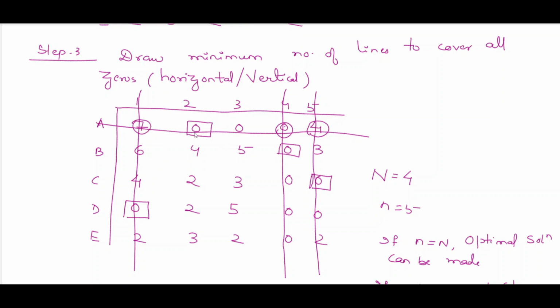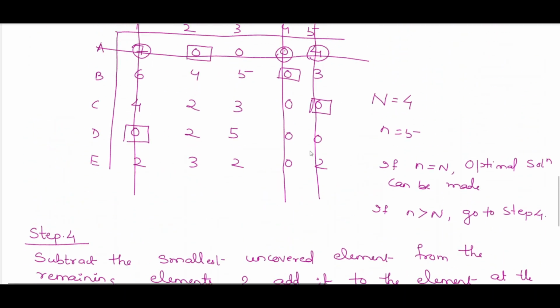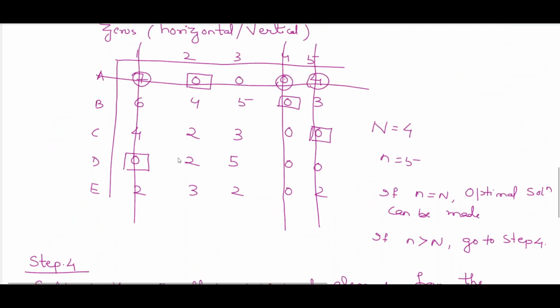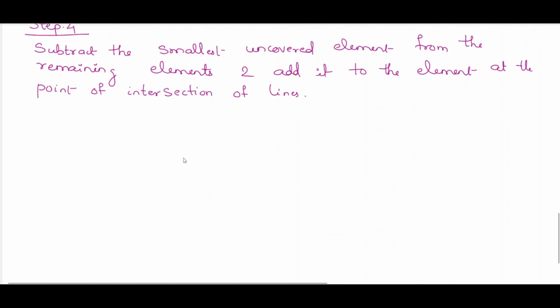Here it will be 7 plus 2, here 0 plus 2, here 4 plus 2, but all the other elements remain the same. We are only concerned with the intersection elements as well as the uncovered elements. Other elements will remain the same. So we'll prepare the new matrix now.